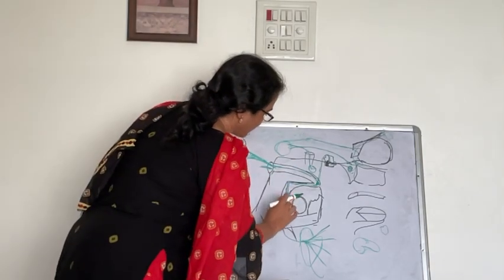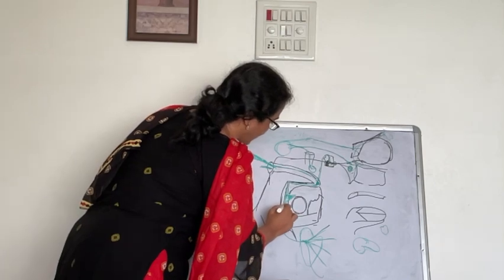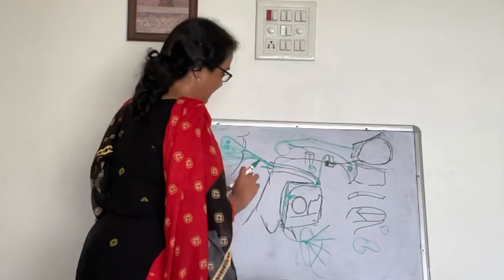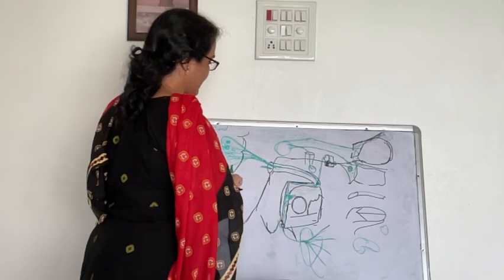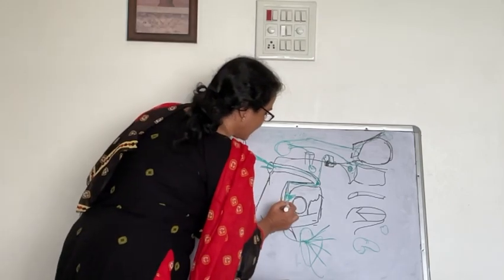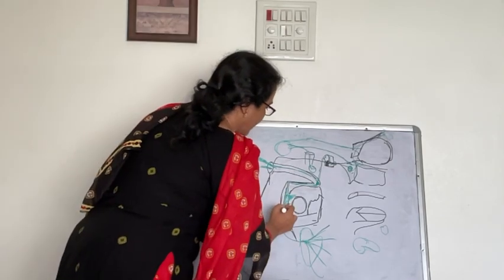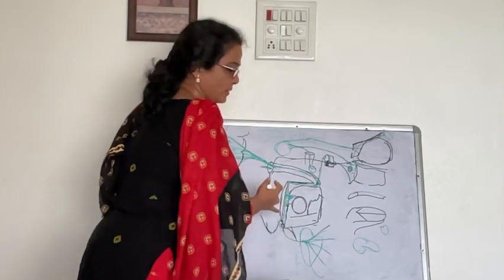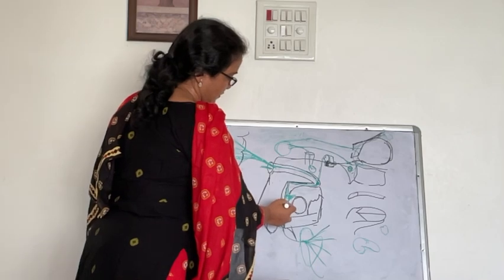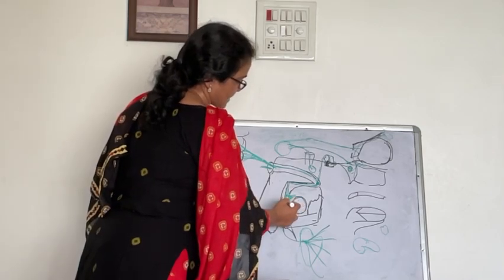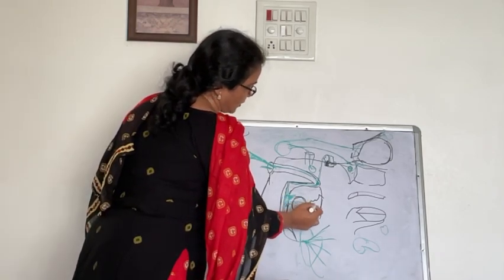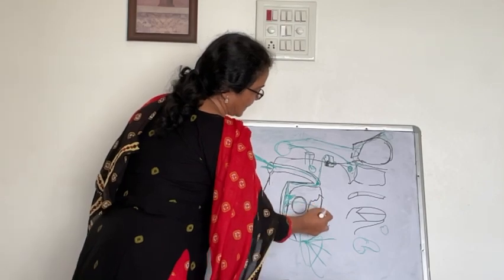Then it will also give another branch, called the chorda tympani. There is another opening in the posterior wall, called the posterior canaliculus. So the chorda tympani enters the middle ear cavity through this posterior canaliculus, crosses the middle ear cavity and exits through the anterior canaliculus.